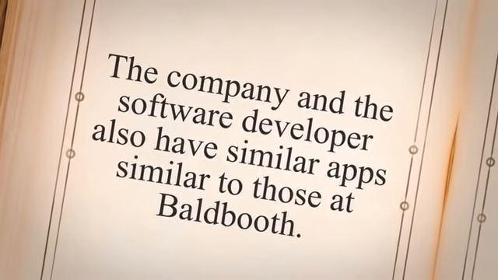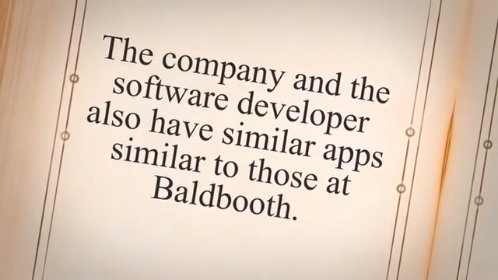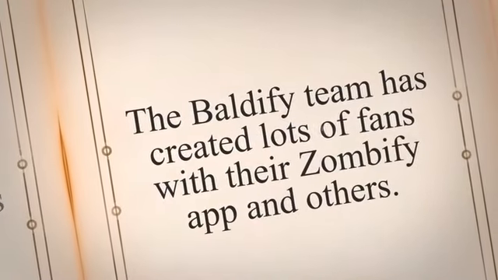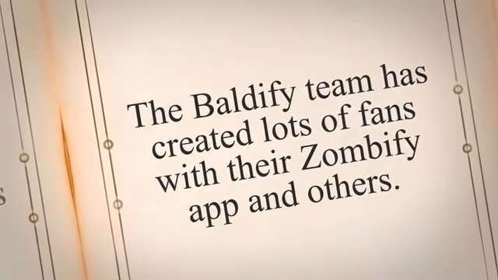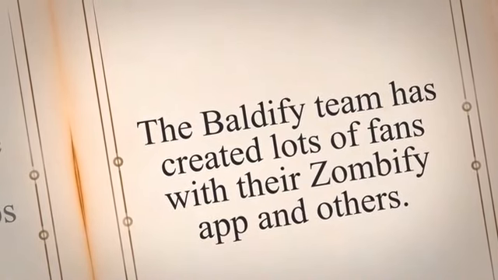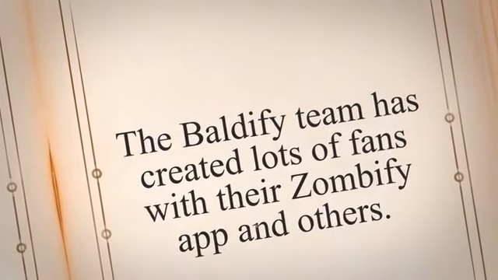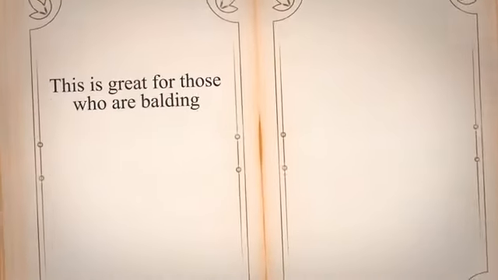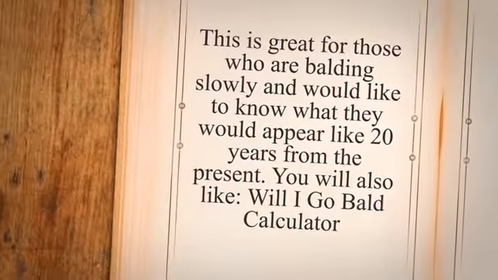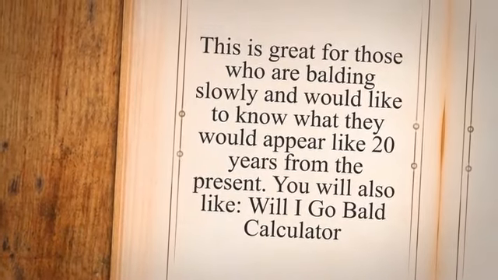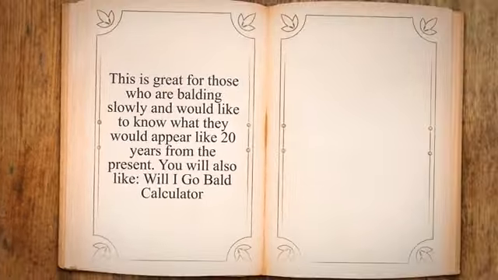The company and the software developer also have similar apps to those at BaldBooth. The Baldify team has created lots of fans with their Zombify app and others. If you have other apps from this company installed on your phone, like Fatify or Baldify, you can mix the two apps to create a complete appearance. This is great for those who are balding slowly and would like to know what they would look like 20 years from now. You will also like the Will I Go Bald Calculator.